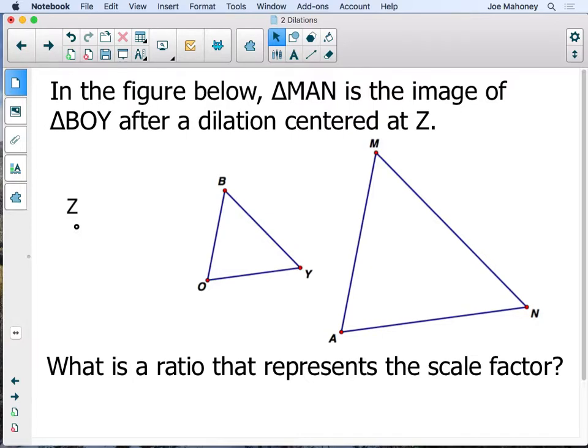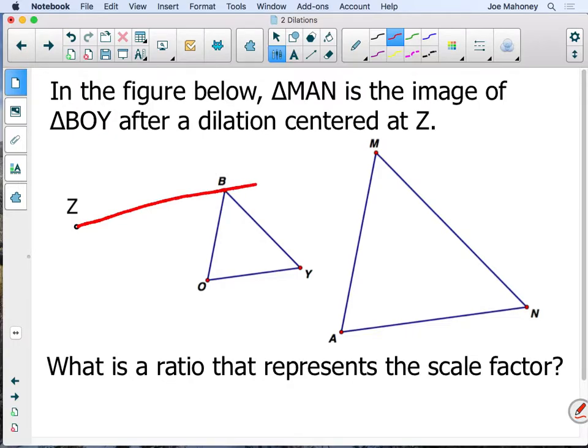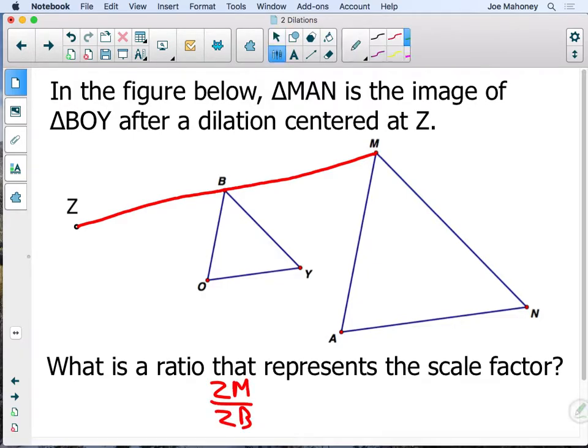We said if we're doing a dilation of point B, it's going to go out to point M. So the image is going to be the distance it takes to go from Z to M. The original is going to be how far it goes from Z to B. So one ratio would be the length of ZM to ZB.